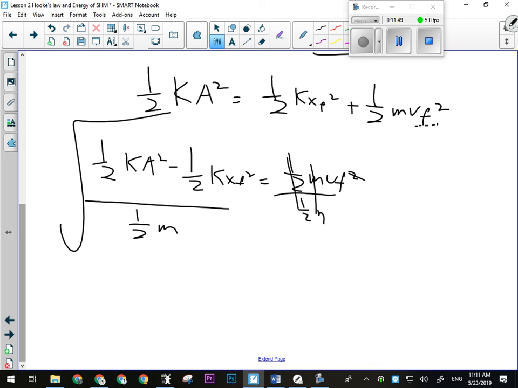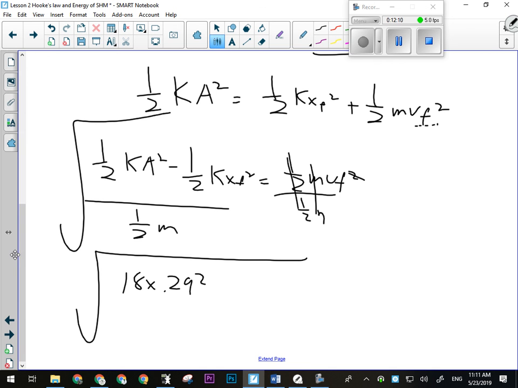So what we'll be looking at here is Ka squared minus Kxf squared. Sorry, I should put in the numbers here. 18 times 0.29 squared, right? It was 0.29.